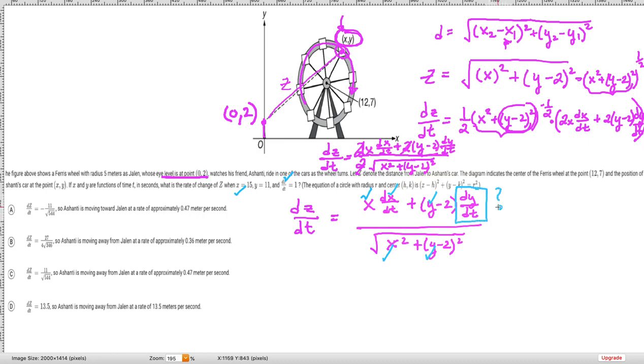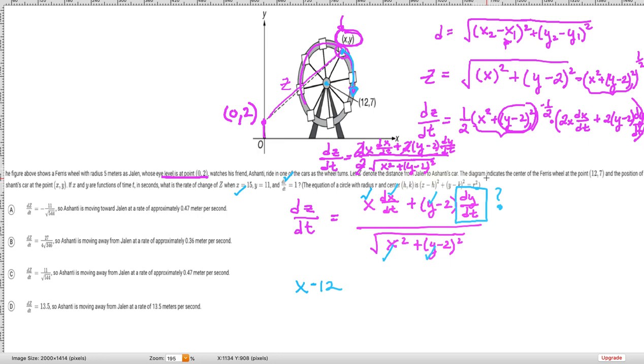And that's where this other relationship comes into play, where essentially we use the fact that this is a Ferris wheel, and it's a circle. So you have the equation of a circle right here, and you have the center for this circle right here. So I have x minus 12 because the center is 12.